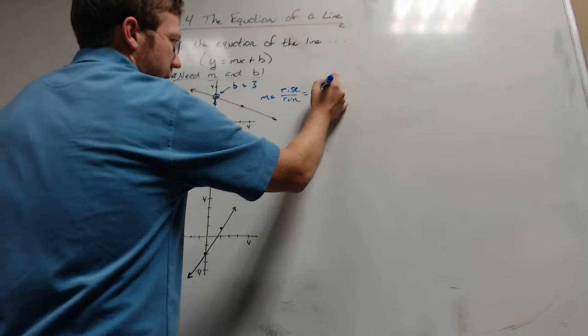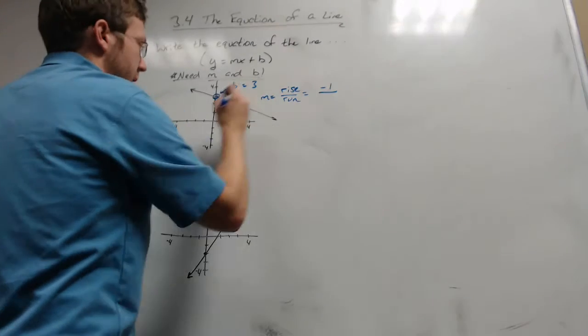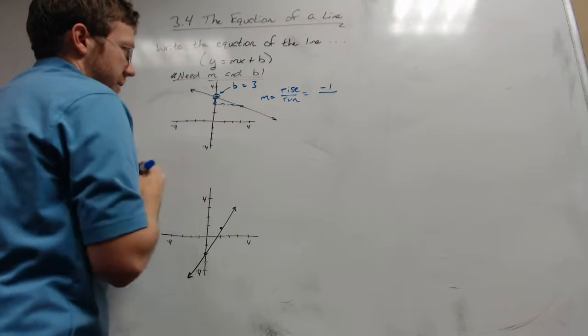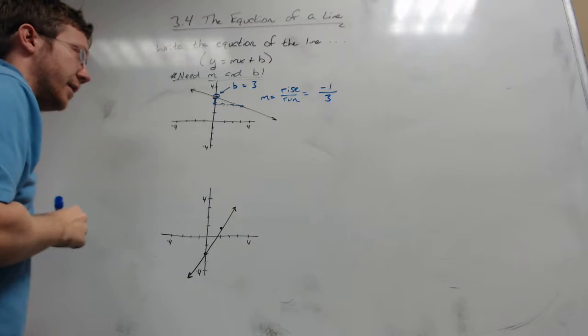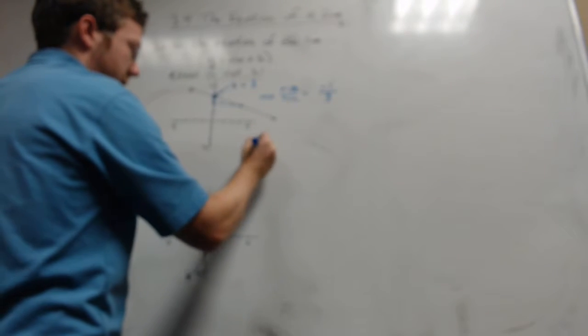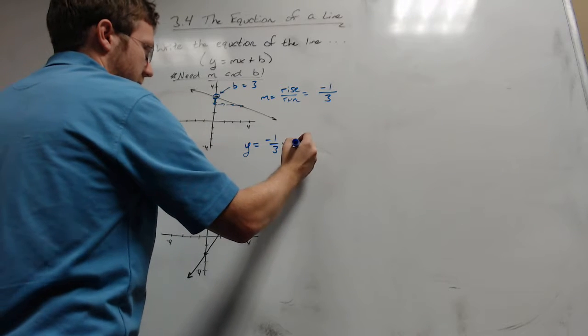That would mean my rise is -1. And I would need to take 1, 2, 3 steps to the right, making my run a +3. And from the graph, we were able to find m and b, meaning the equation of this line should be y equals -1/3 x plus 3.